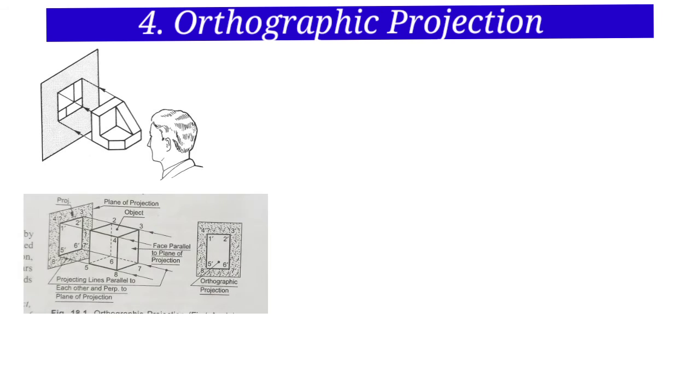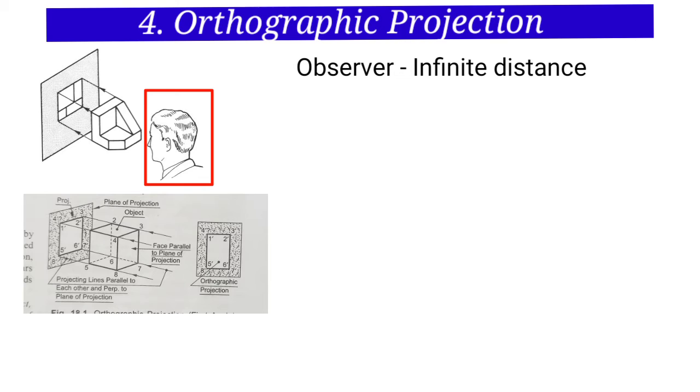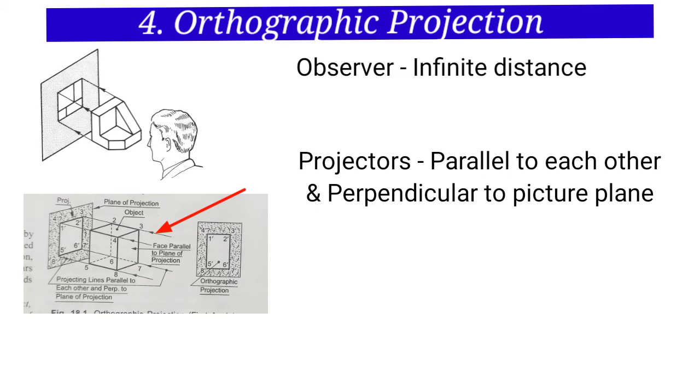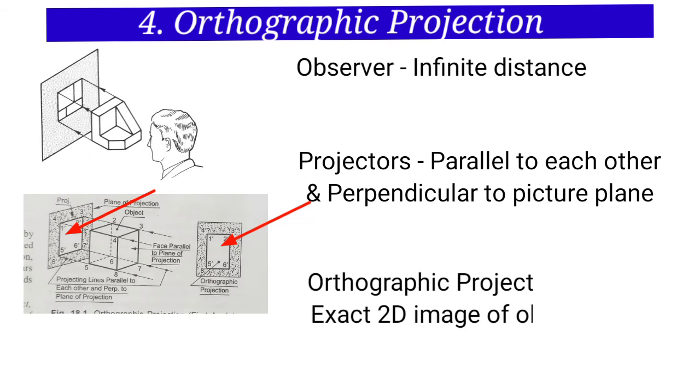Referring to the given figure, if the station point or the observer's eye is at an infinite distance from an object, such that the lines of sight or projectors are parallel to each other and perpendicular to the plane of projection, the projection obtained, which would be the same size and shape as the facing surface of the object, is called an orthographic projection. Note that the object is placed with one of its faces parallel to the picture plane or projection plane.